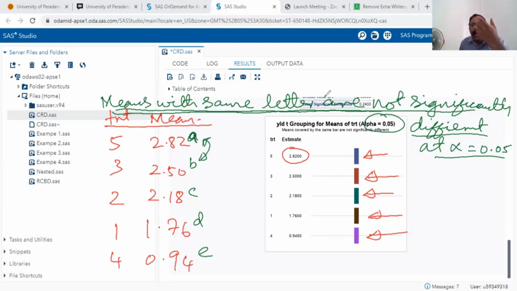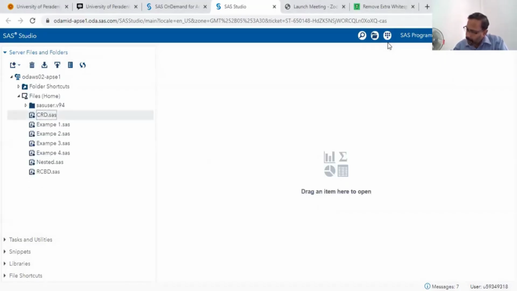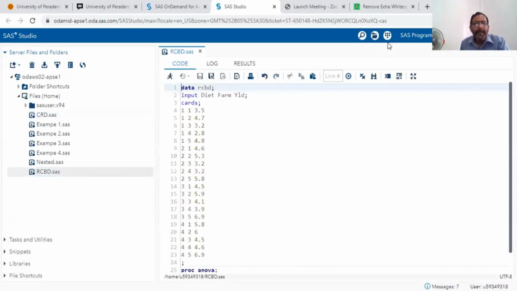We will go with the other examples also. I will go to the other one, then we can do some exercise. I will go for RCBD, the RCBD that we have run.